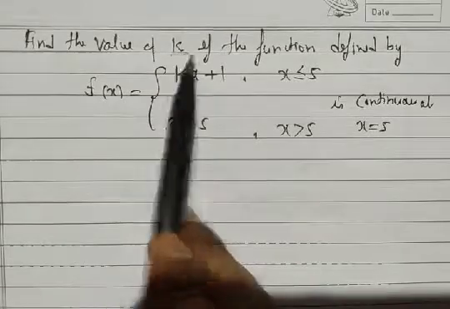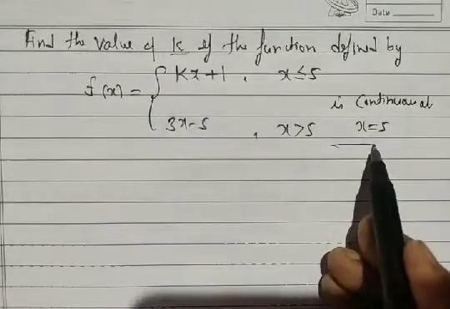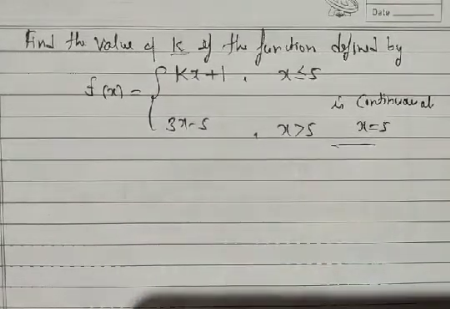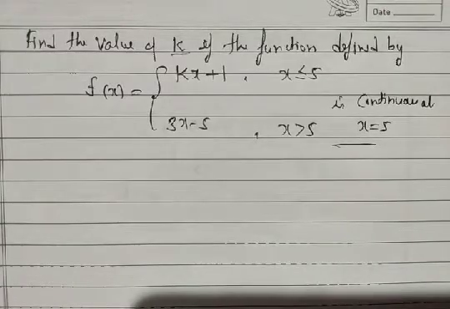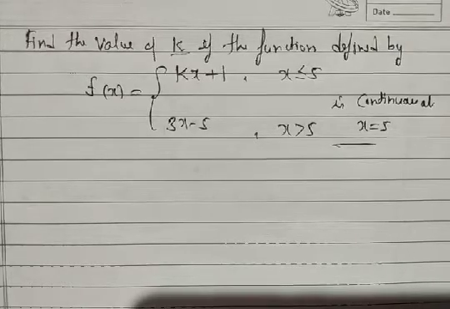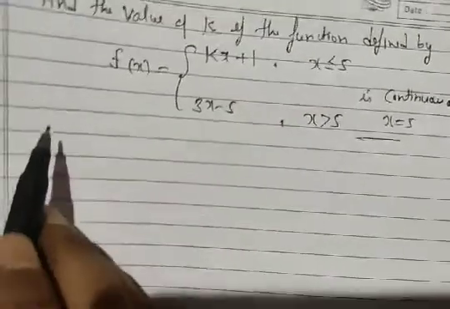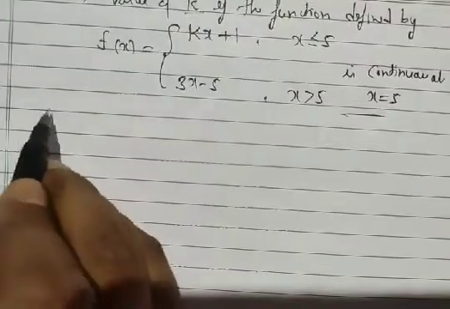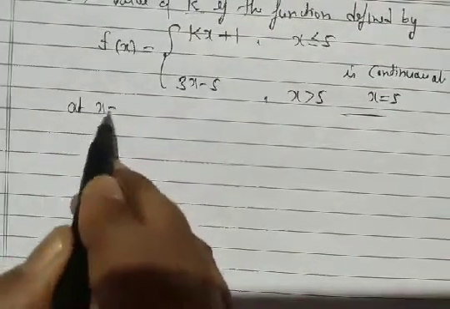We have to find the value of k. It is given that it is continuous at x equal to 5. Then we find its left hand limit and right hand limit at x equal to 5.